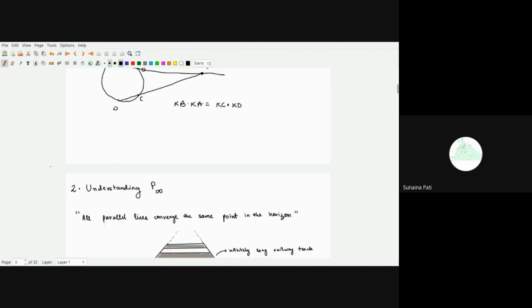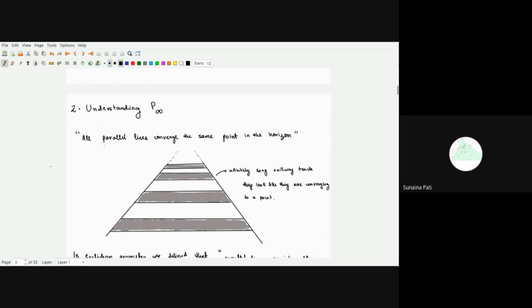Now, since we are working with projective geometry, one thing we should be very familiar with is the point at infinity. Basically, what's the point at infinity?